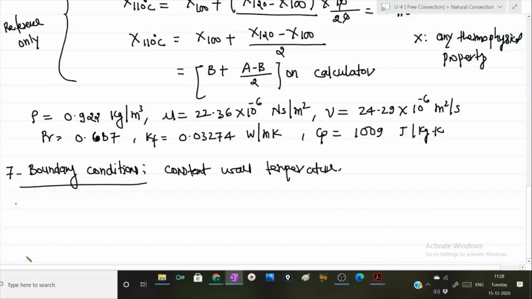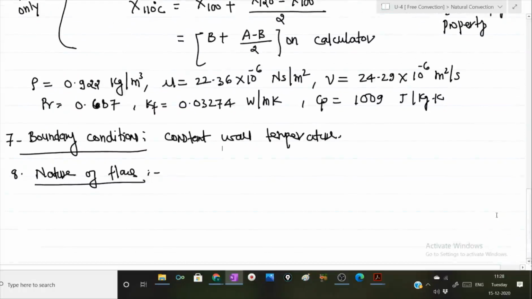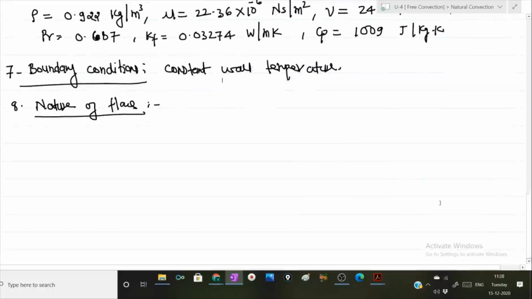Then step number 8 is nature of flow. So in case of free convection, it is the Grashof number and Rayleigh number whose value help us to find out whether the flow regime will be laminar flow or turbulent flow region.